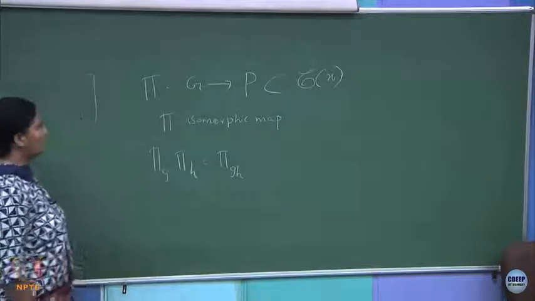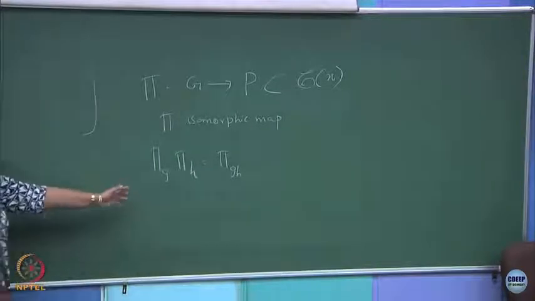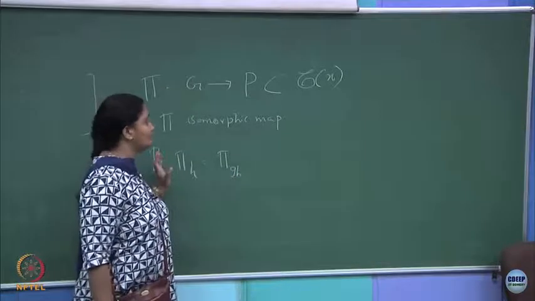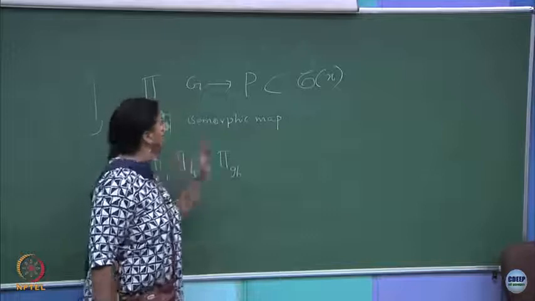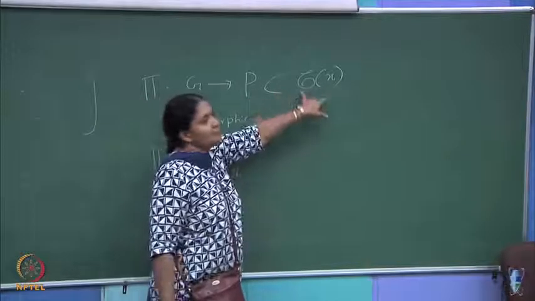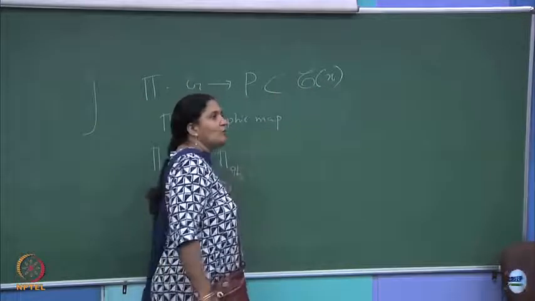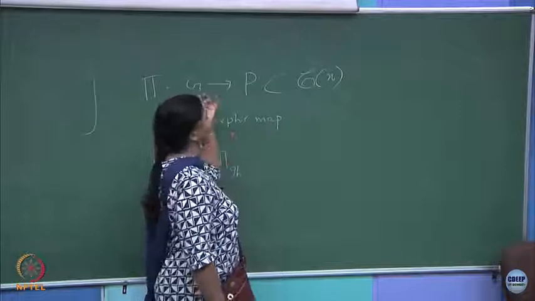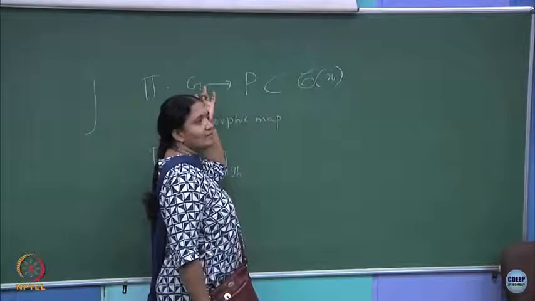And once I show this, this subset of permutations in your symmetric group of degree n will have all the group properties, and it is going to be isomorphic to your finite group of order n.